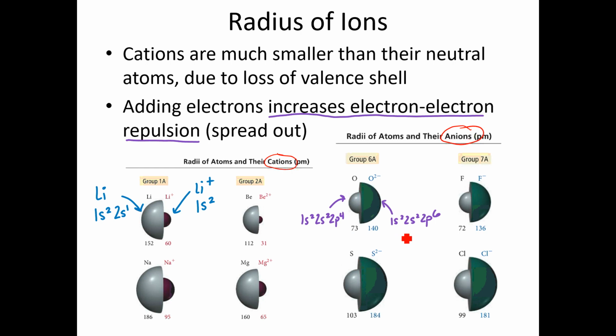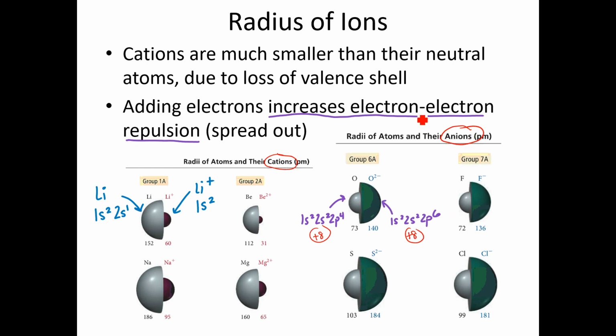Oxygen with a -2 charge is 1s2, 2s2, 2p6. So they all have electrons in the 2p. And they're both oxygen, so they both have 8 protons in the nucleus. So the number of shells are the same, the protons in the nucleus are the same. The only difference is how many electrons are in that subshell. So notice how the oxygen ion has 2 extra electrons in its subshell.